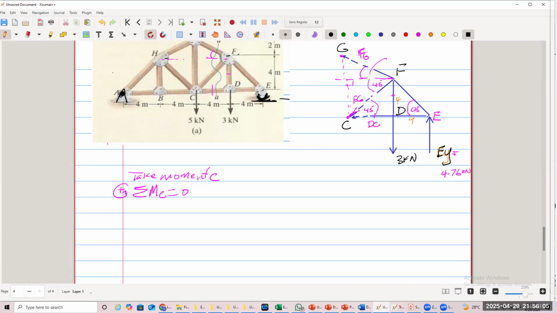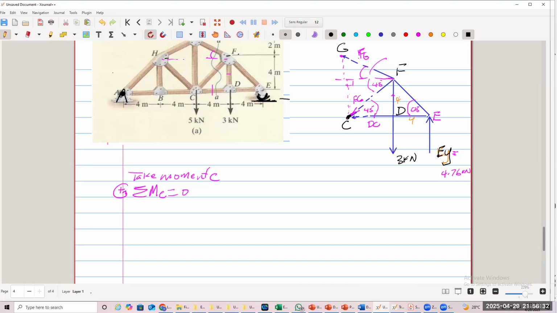Let's see if we can identify them. We are taking moment right here at C. That means that FC is gone, DC is gone, and we only have 3K and the EY, and this one up here. Now, we're going to have to look for components of this force here.